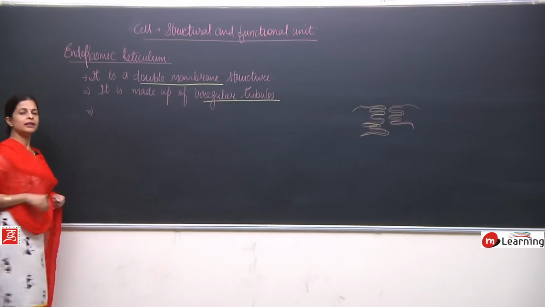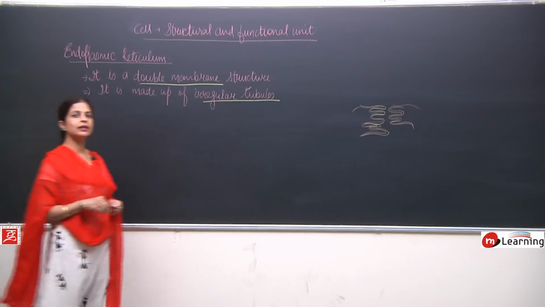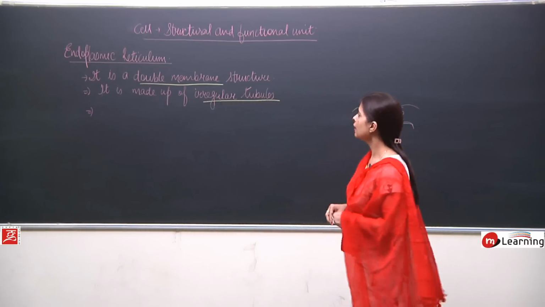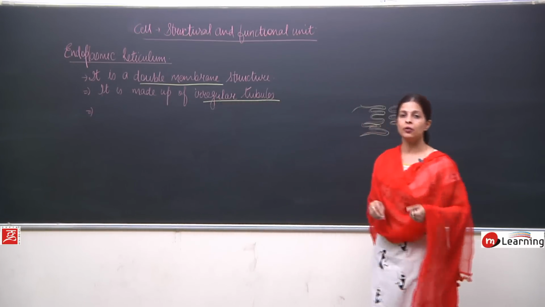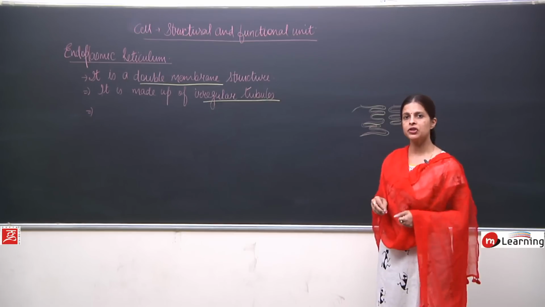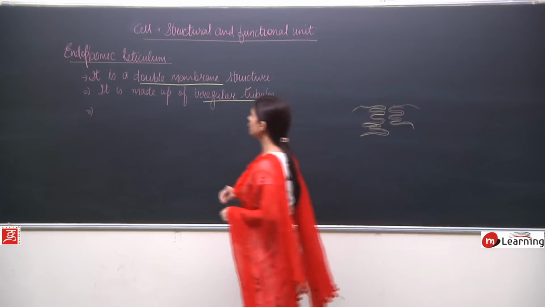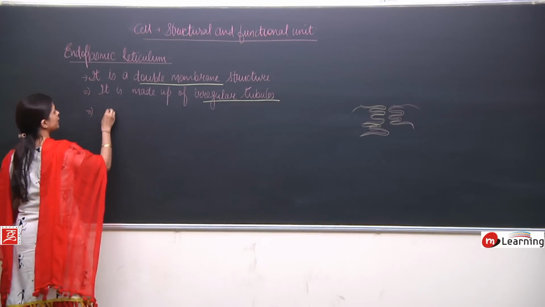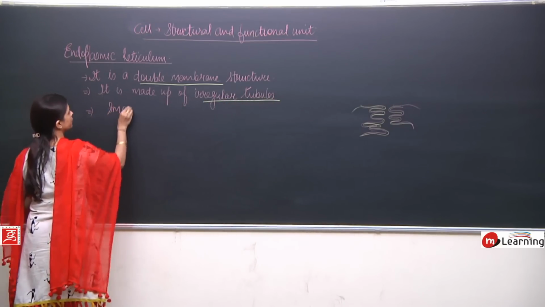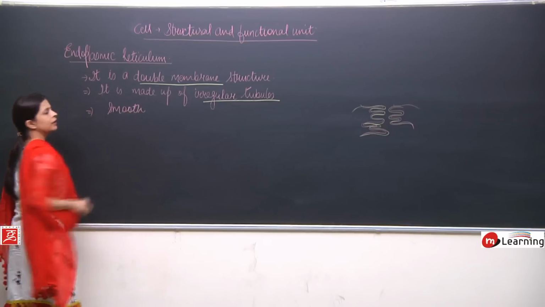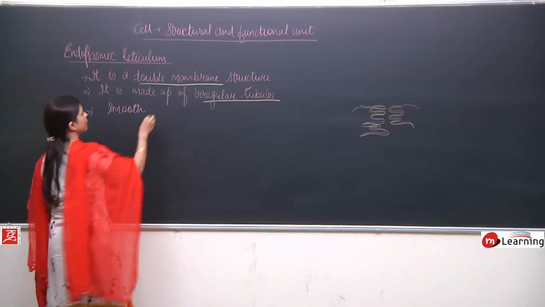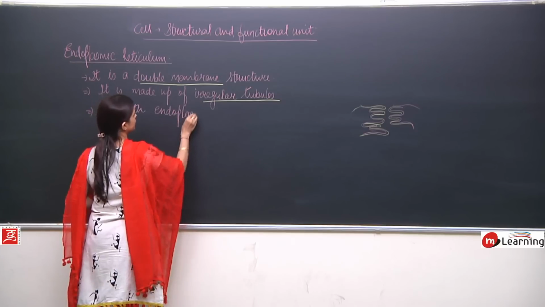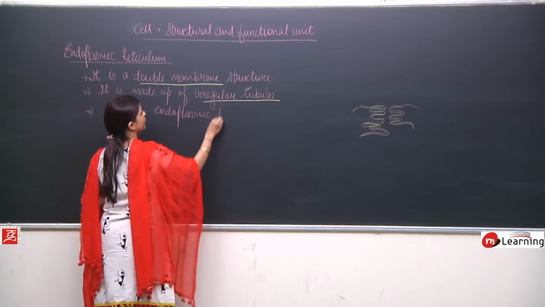Where is it present? Obviously it is a cell organelle and so it is present inside the cell. But where? And what is the function of it? First of all, it can be of two types. First can be smooth endoplasmic reticulum.